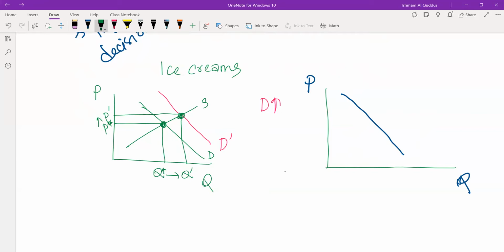So here I'm not drawing the supply figure. Okay, let me draw this. Then I will add a question in this section where you can submit your answers. Right? So let's see.